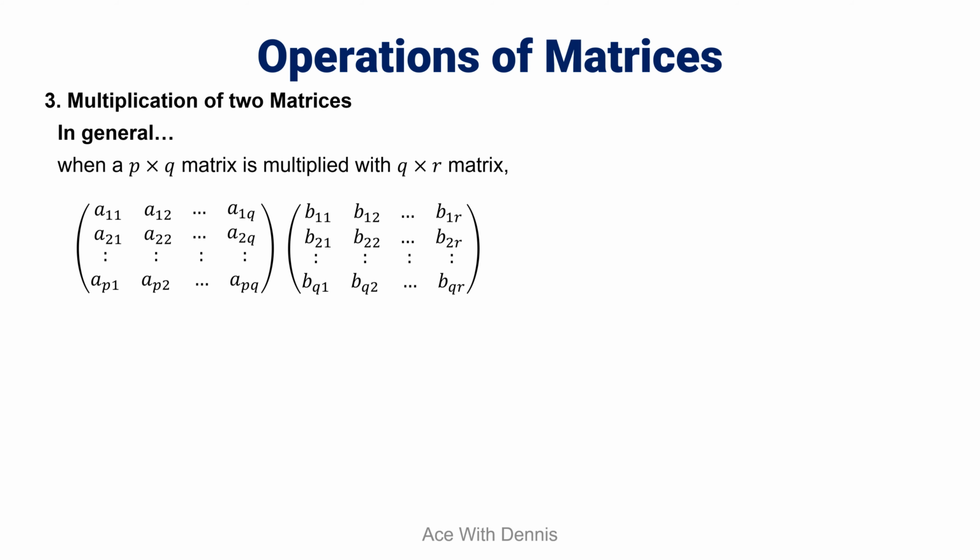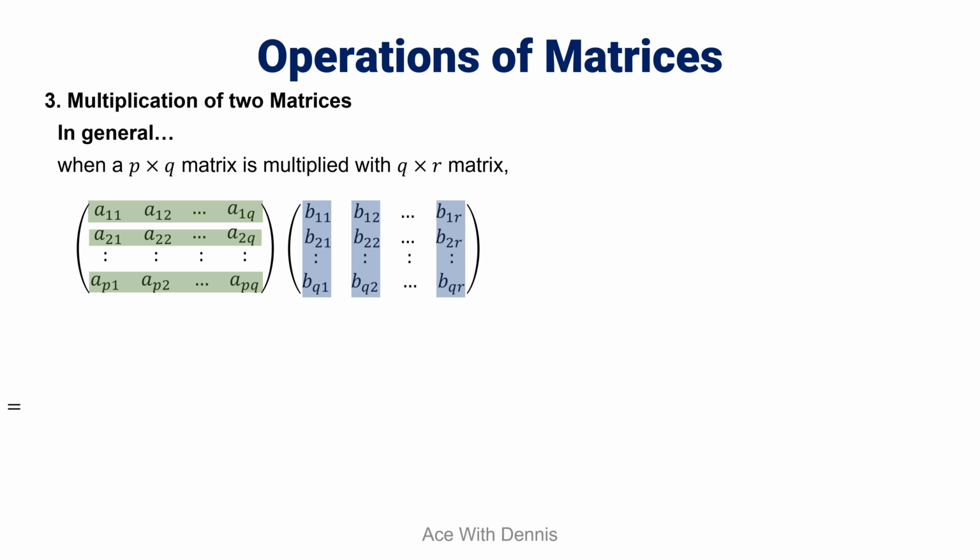So to multiply these two matrices together, the first thing we have to do is, for the first matrix, we will visually group the elements in a horizontal manner. For the second matrix, we will visually group the elements in a vertical manner.